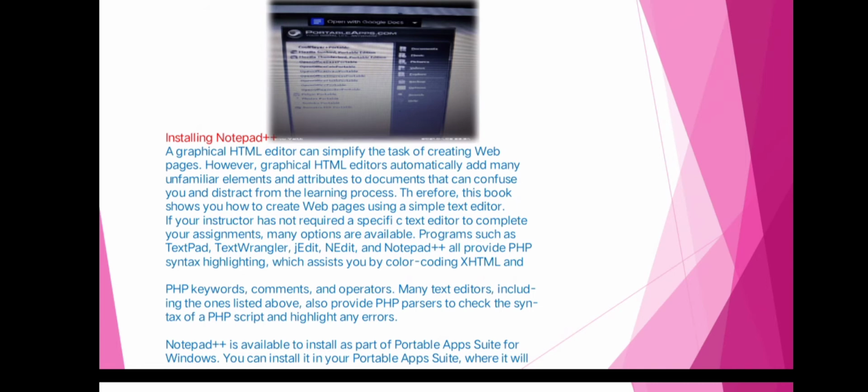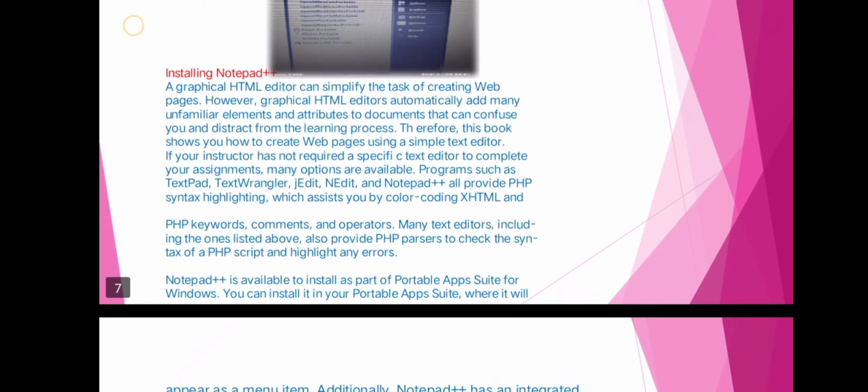Programs such as TextPad, TextWrangler, gedit, NuEdit, and Notepad++ all provide PHP syntax highlighting, which assists you by color coding XHTML and PHP keywords, comments, and operators. Many text editors, including the ones listed above, also provide PHP parsers to check the syntax of a PHP script and highlight any errors. Notepad++ is available to install as part of Portable Apps Suite for Windows.